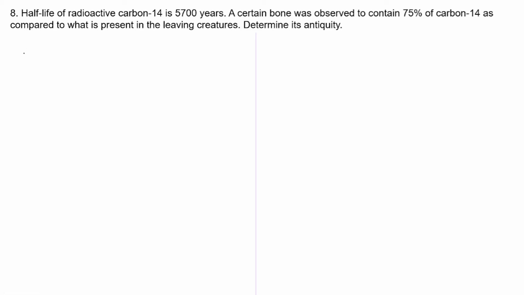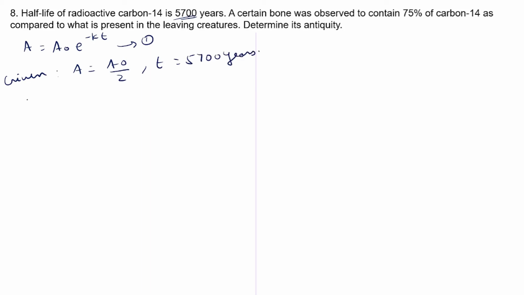So first let us write the model. A equal to A naught into e raised to minus kt. Now it is given half-life is 5700 years. So given A equal to A naught by 2 for t equal to 5700 years. So the first equation implies A naught by 2 equal to A naught into e raised to minus 5700 k.